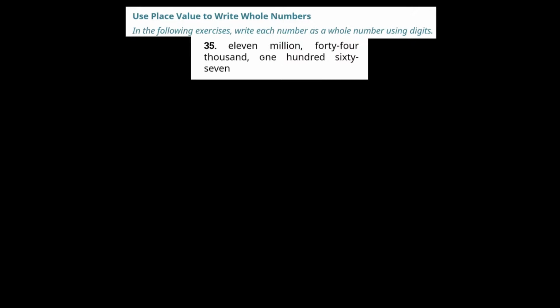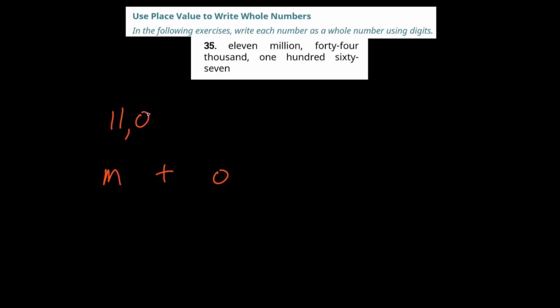For 35, we have 11,044,167. So we start off with the beginning. We have 11 million, so we have the millions period. I'll just write an M for millions. And we have thousands, and then we have ones. Now we have 44,000.